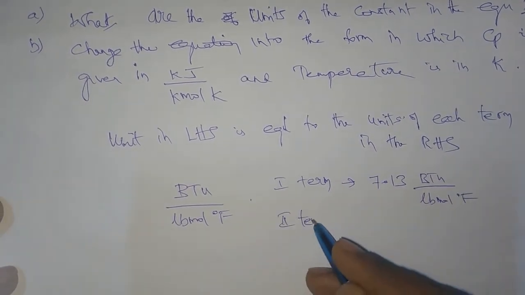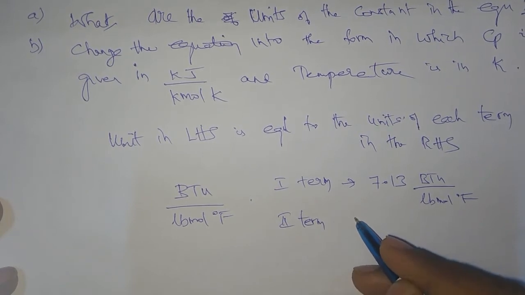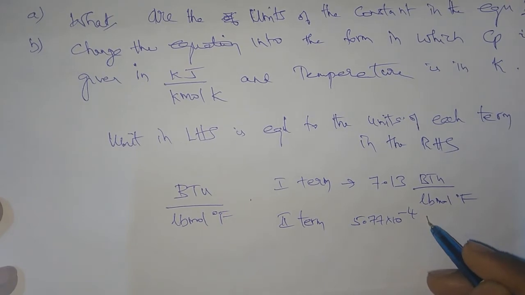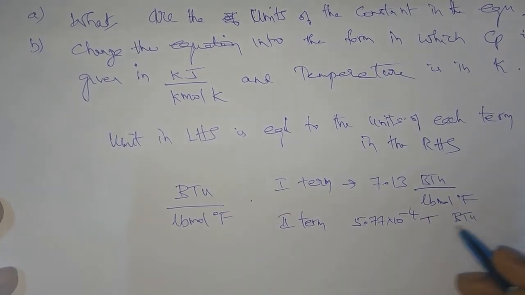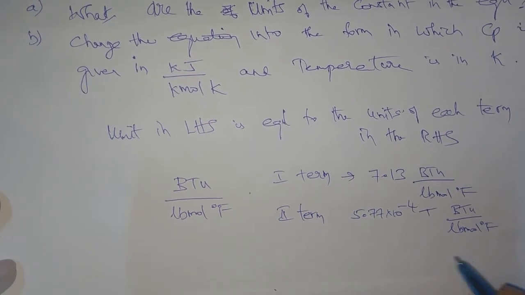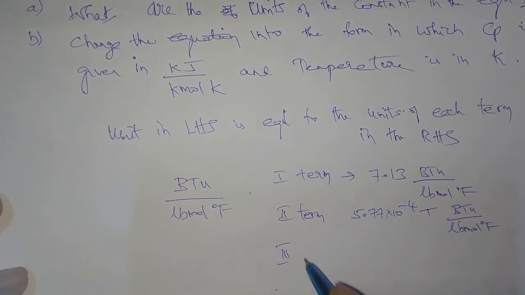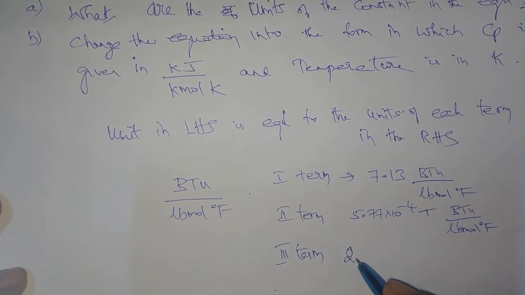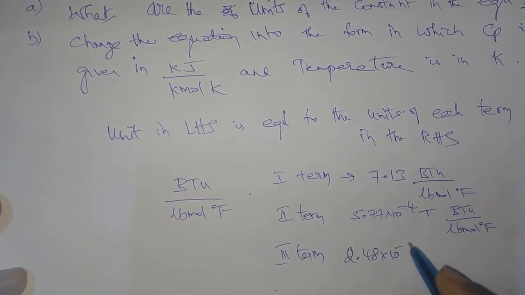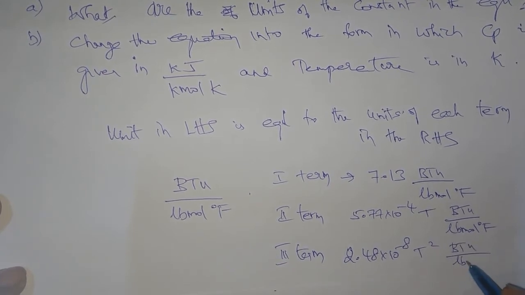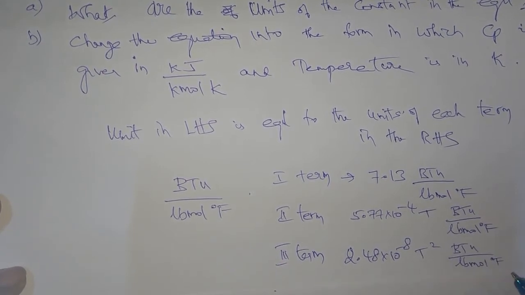The second term including T, that is 5.77 into 10 power minus 4 T, will have the unit of BTU per pound mole degree Fahrenheit. Third term, 2.48 into 10 power minus 8 T square, will have the unit of BTU per pound mole degree Fahrenheit.